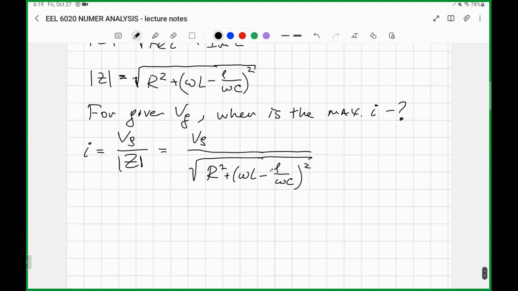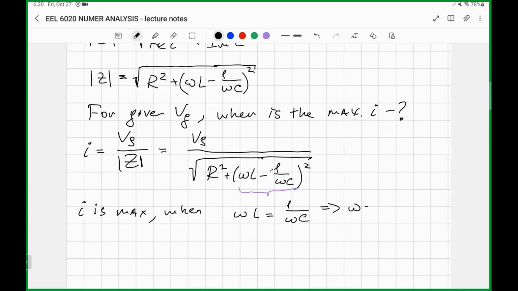And what is the maximum value of the current? The maximum value of this current would be when the denominator is smallest, right? And the denominator is smallest when this term is equal to 0. So I is max when ωL is equal to 1/(ωC).